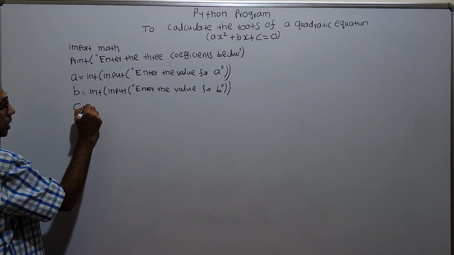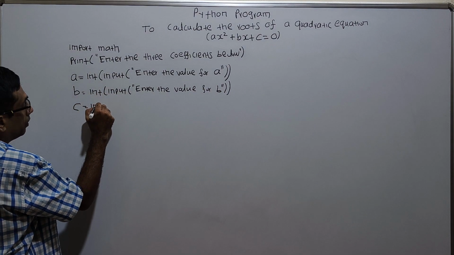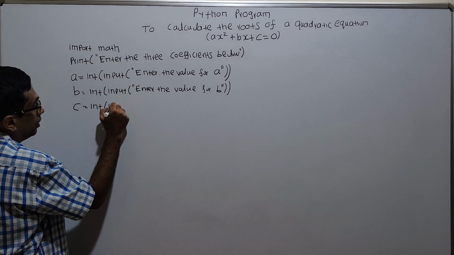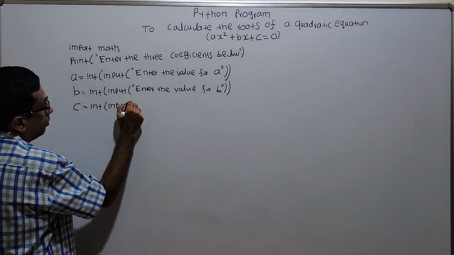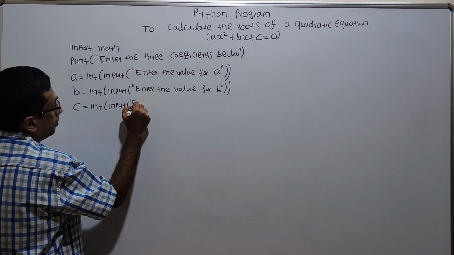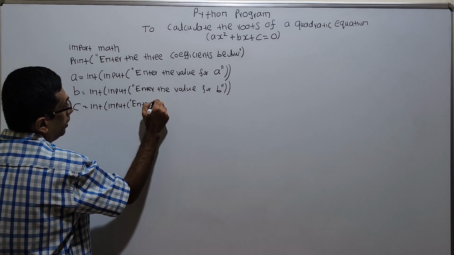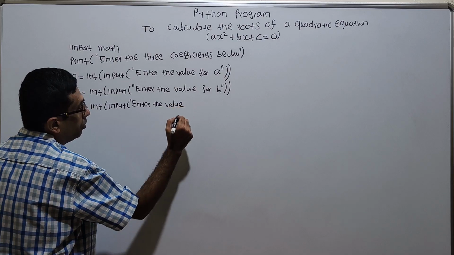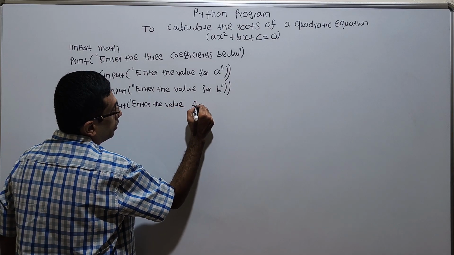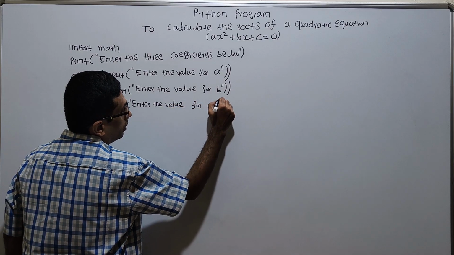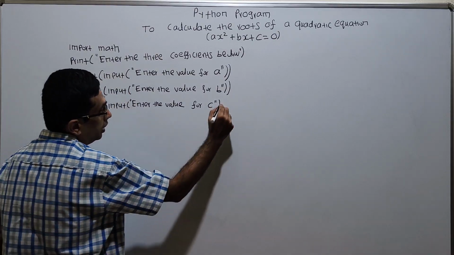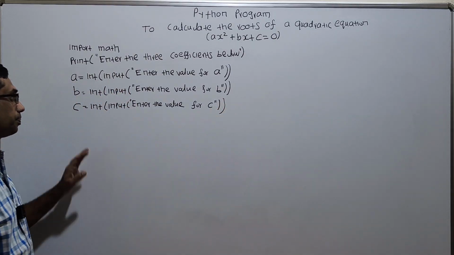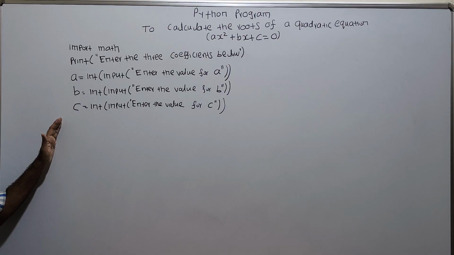Likewise, I am obtaining a value for C. C equal to integer of input of "Enter the value for C". I am closing the input function and the int function. So I have obtained the values for the coefficients A, B and C.